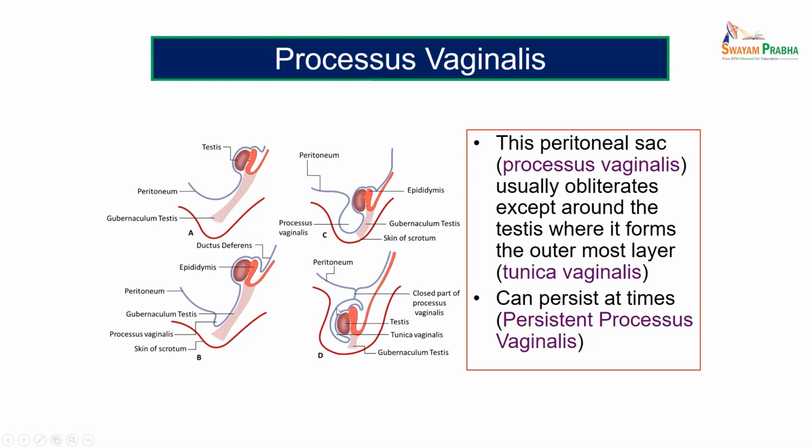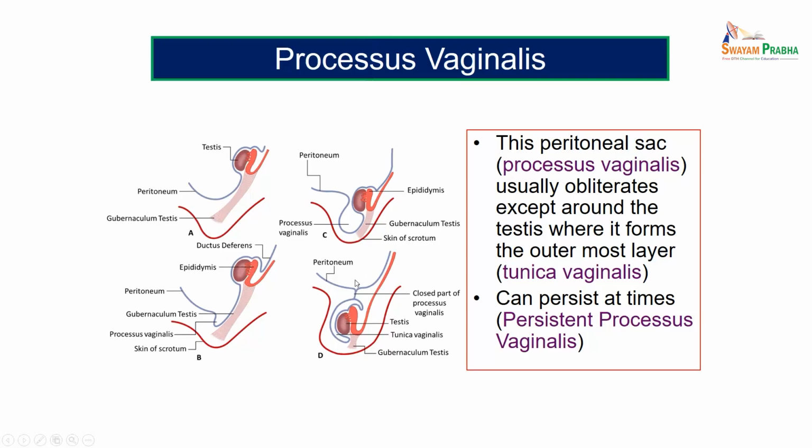A part of this persists around the testis and forms the covering around the testis, which is called the tunica vaginalis. Otherwise, the connection to the peritoneal cavity is cut off or obliterated.